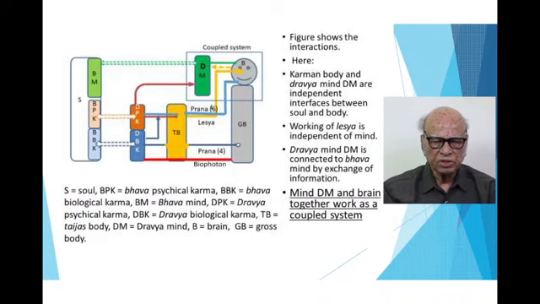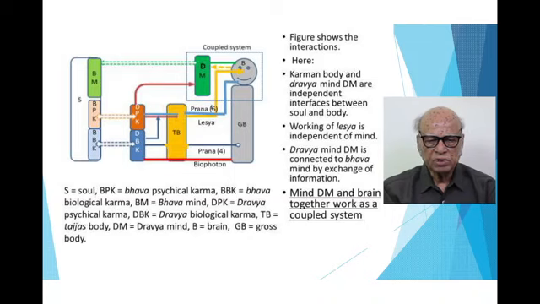It's a continuous exchange of information. Similarly, there is a continuous exchange of information between bhav biological karma and dravya biological karma. That is how we know that the karman body gets associated with the soul.